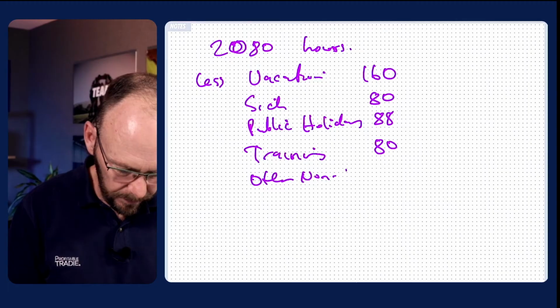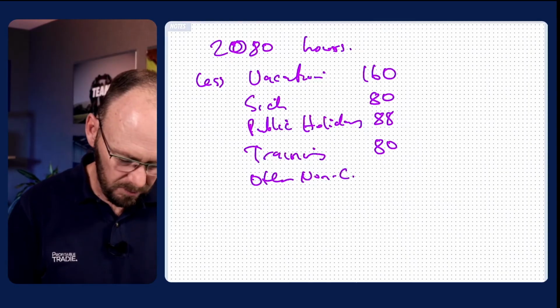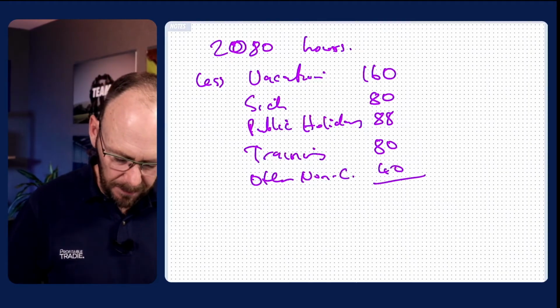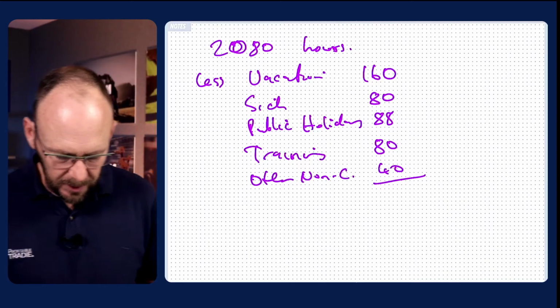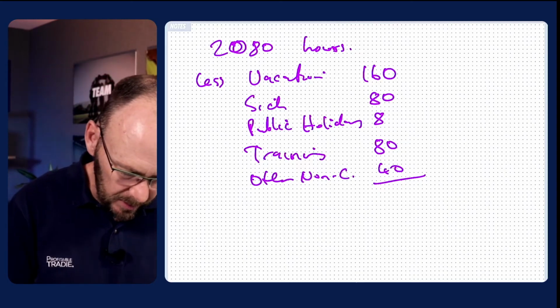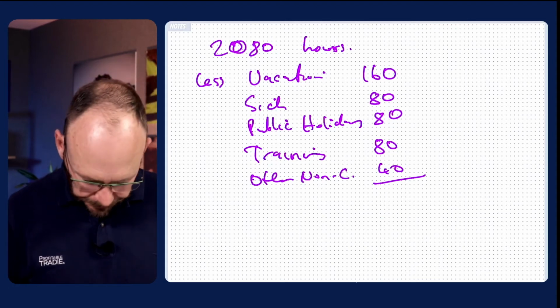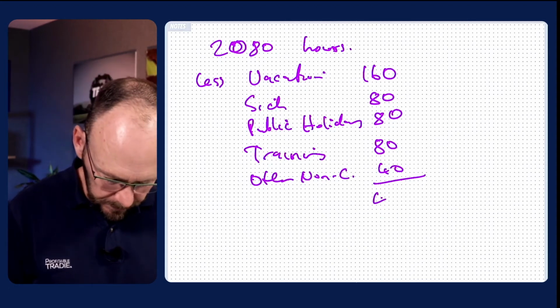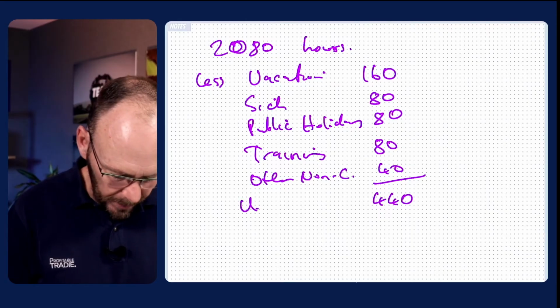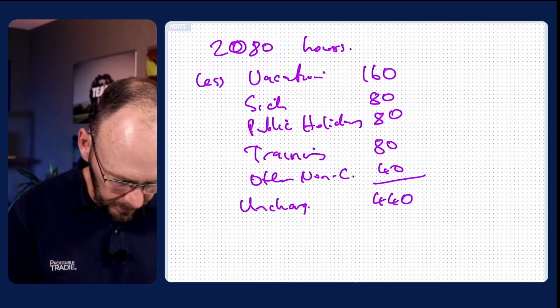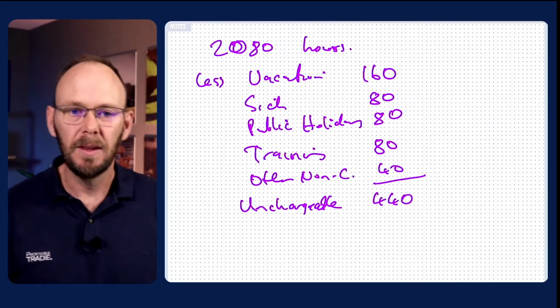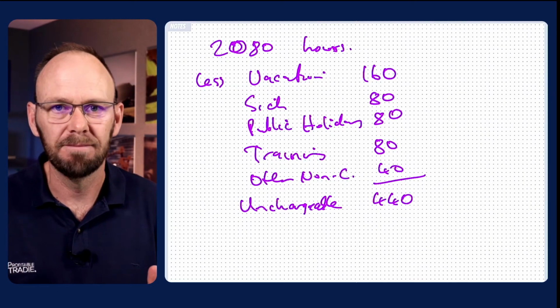Non-chargeable time, maybe let's say 40 hours. So you add all that up. Let's make this 80 so it's easy to add. What's that going to be? 320. It's 440. 440 unchargeable hours that you're paying for that you can't charge out.